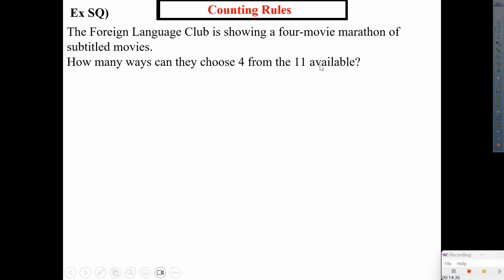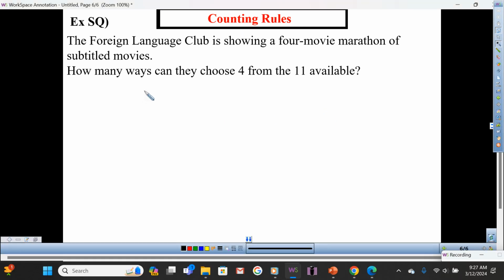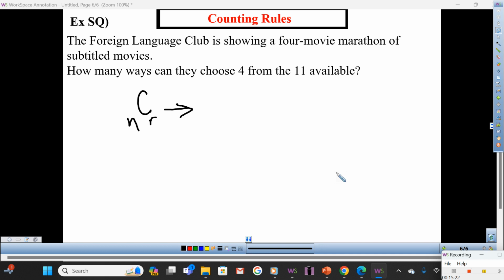Do they give us a rank of the movies in regards to which ones are the favorite ones or anything? No. So they just give a selection of movies. Does it really matter the order? No. So therefore we use what? The combination rule. So C of n r. All right. So find me the total combinations, please. Let me send you the screen for that one. Okay, we good? Thank you.